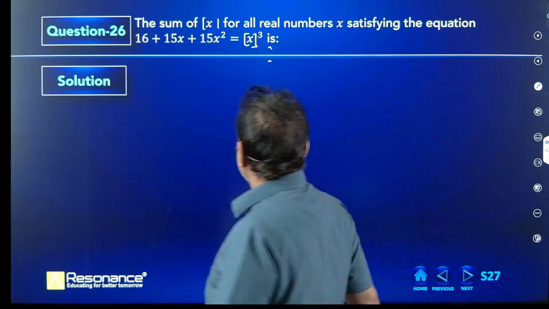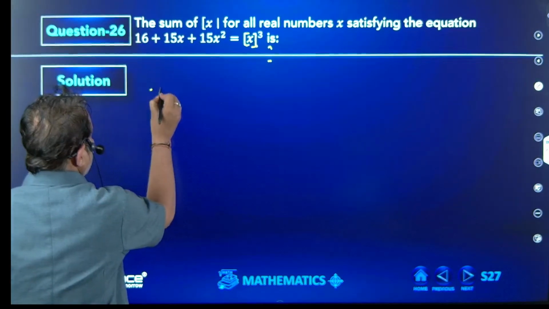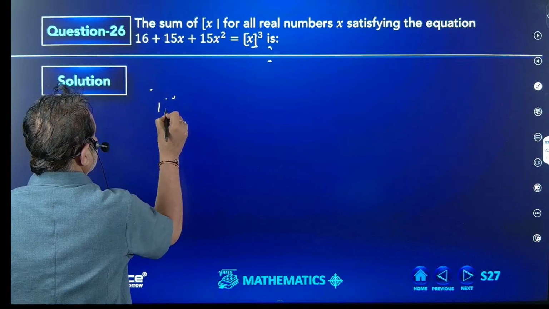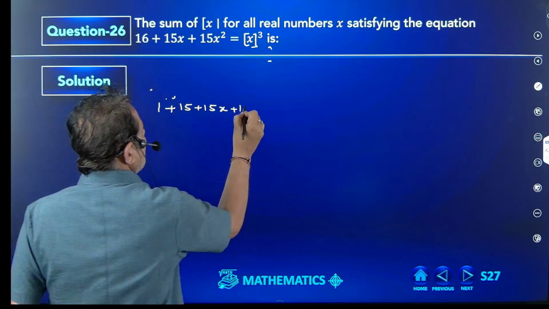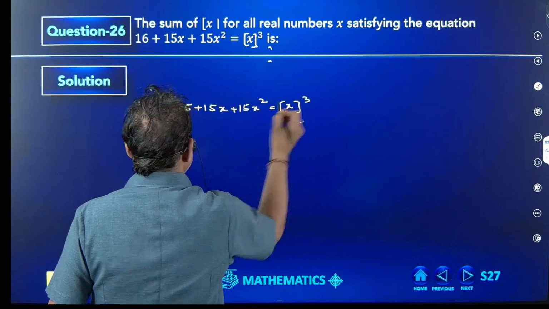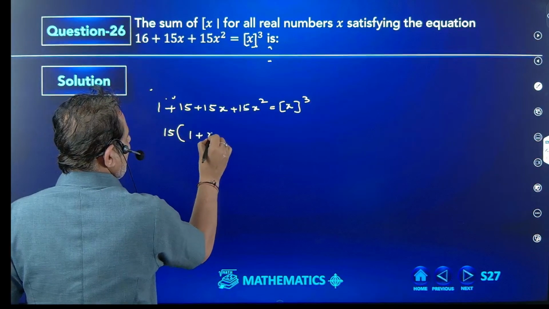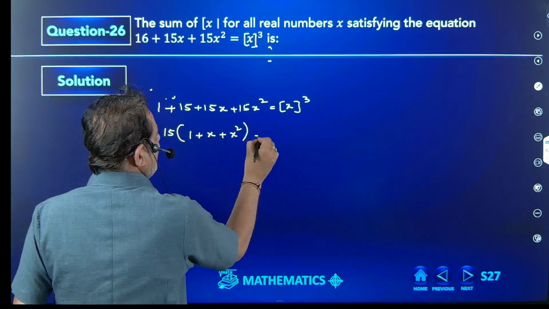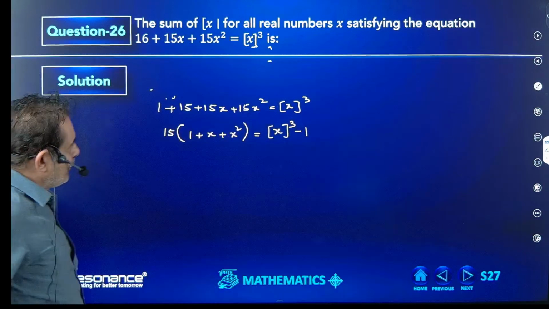First we think, can we write this question as 1 plus 15x plus 15x square equals integer x cube. If we take 15 common, it is 1 plus x square, equal to integer x cube minus 1.